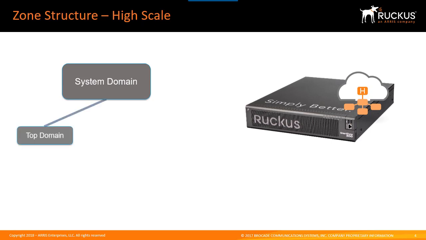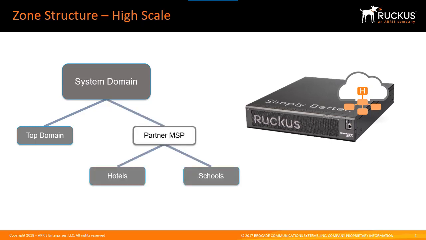So you can create subdomains directly underneath the system domain that are managed by the system admin of the entire SmartZone domain. And then on the high scale, you also have the option to create partner domains. So these partner domains can be semi-managed by the partner, so they are responsible for the management of domains underneath that particular domain, but still fall under the system domain hierarchy.